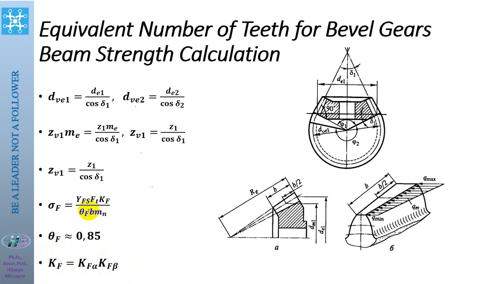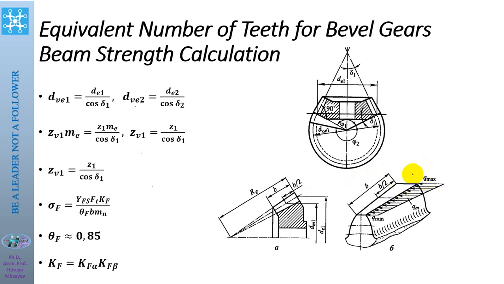Okay, but this eta F is a factor taking into account the decreased loading capacity of bevel gears compared to spur gears. The loading capacity of the bevel gears is approximately 85% of the spur gears, because of that eta F may be taken as 0.85. b is the face width, and mn is the normal module.